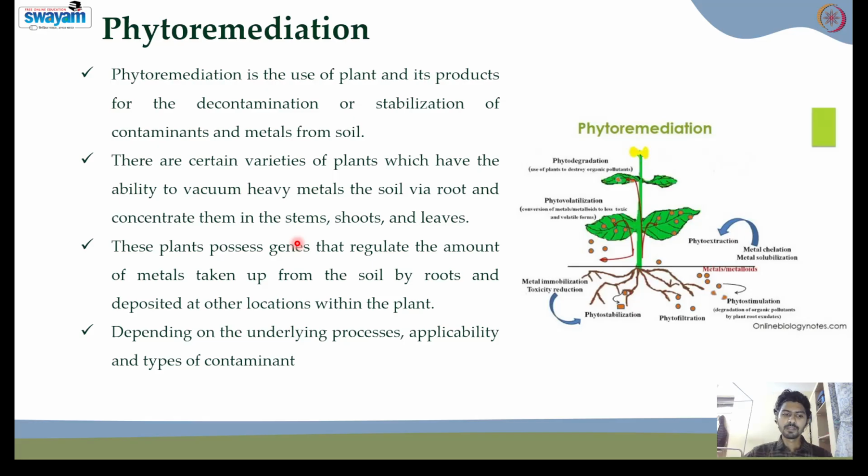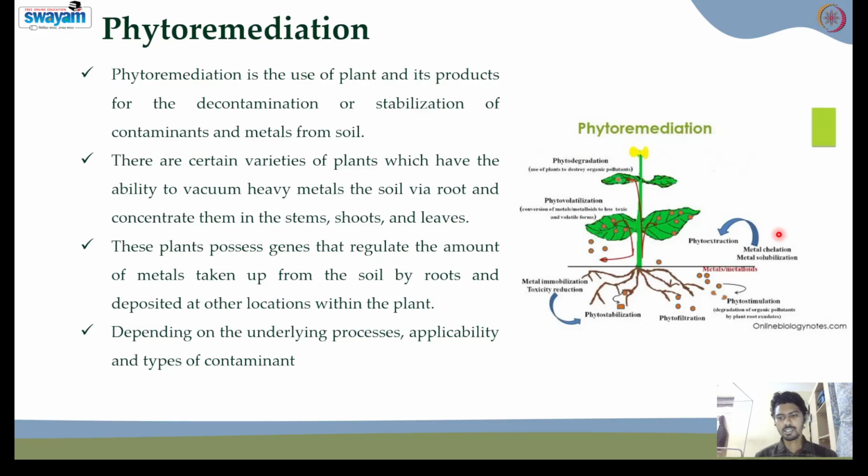And depending upon the process, applicability, and type of contaminant, we can use different types of plants. For example, on the right hand side, you can see in phytoremediation there are a lot of new concepts.